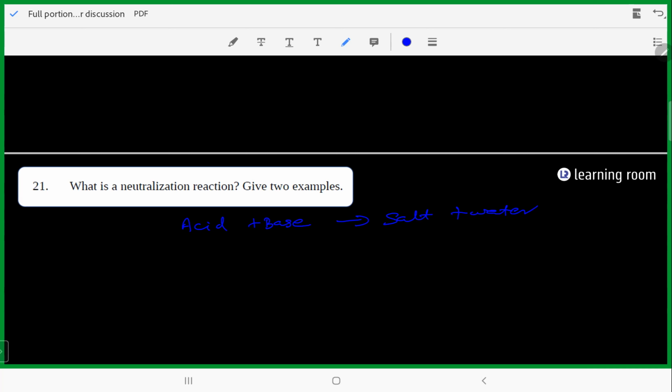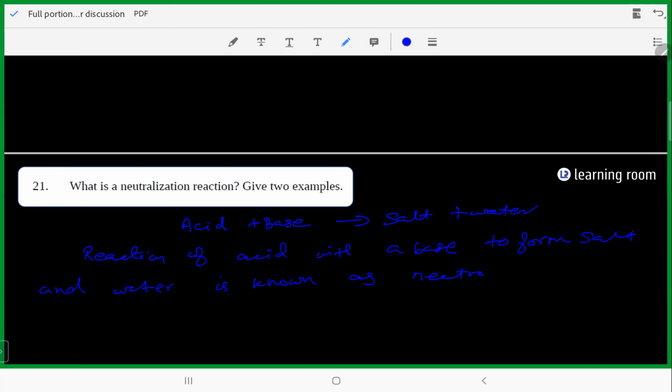So the reaction of an acid with a base to form salt and water is known as a neutralization reaction. What happens is the acid is neutralizing the base, or the base is neutralizing the acid.